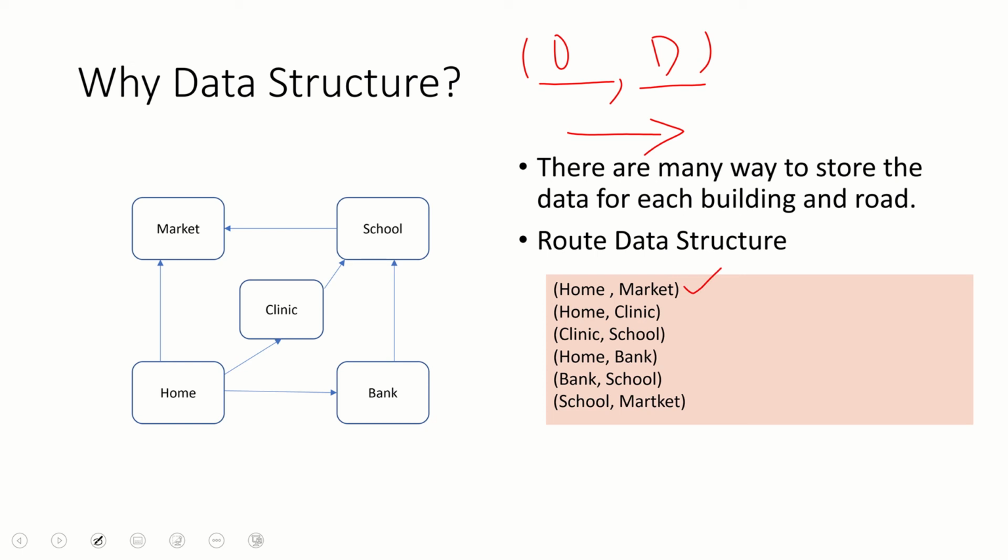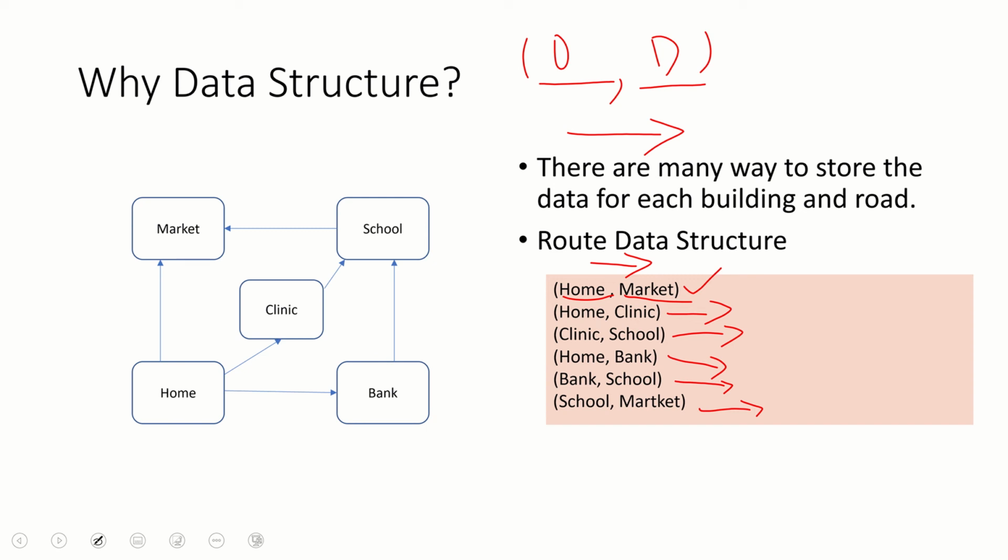So for example, the original place is home and the destination is market, which means home can go to the market. And home can go to the clinic, and the clinic can go to the school, and home can go to the bank, bank can go to school, and the school can go to the market.